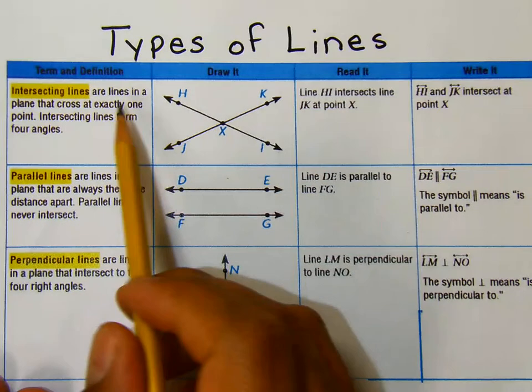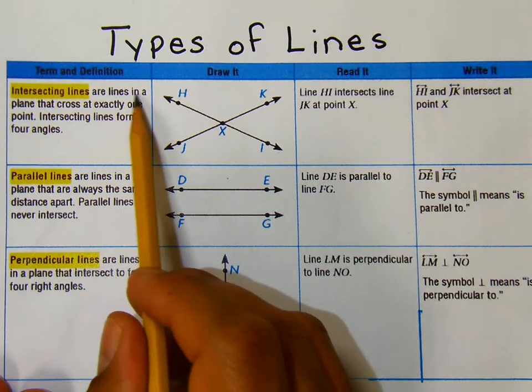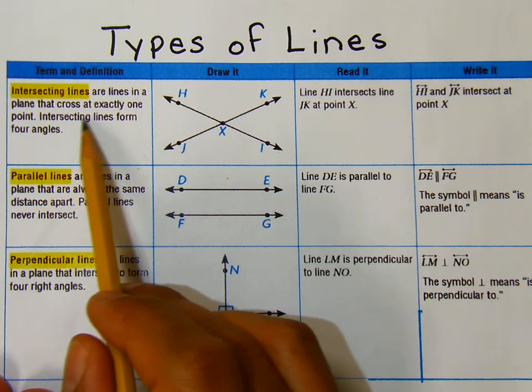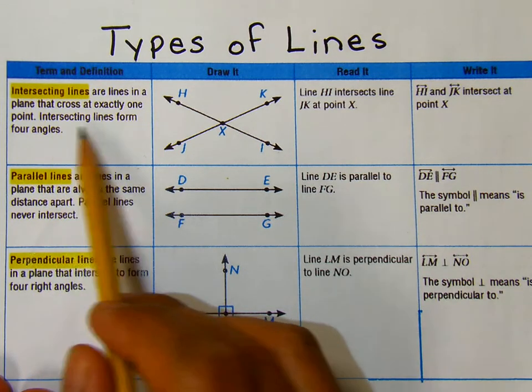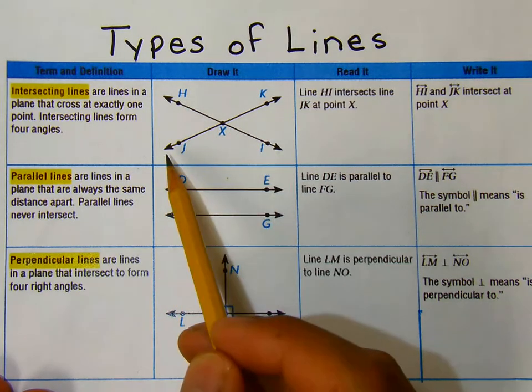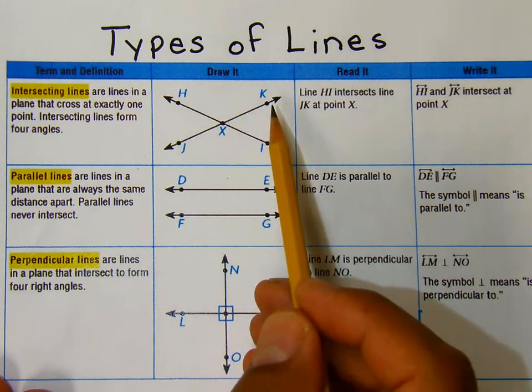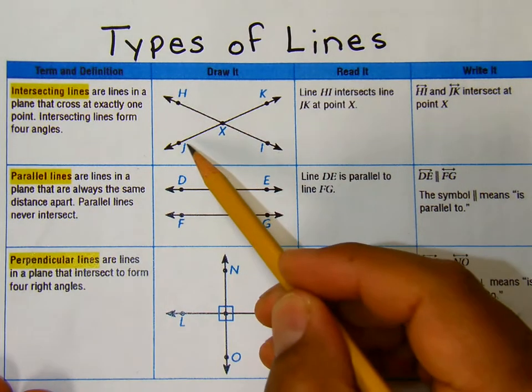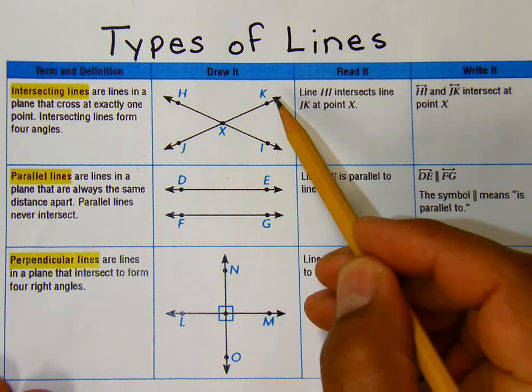Right, intersecting lines are lines in a plane that cross at exactly one point. Intersecting lines form four angles. So this is line HI and line JK. So line HI intersects with line JK.